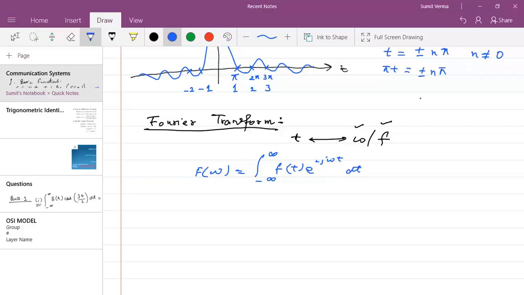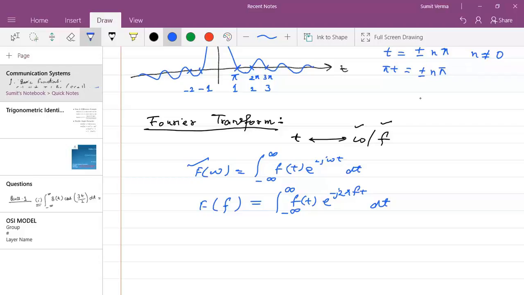So this F(omega) is called the Fourier transform of f(t). Similarly, if you want to define it in the frequency f domain, it's the same thing. Basically, you will just replace omega with 2 pi f, so e to the power minus j 2 pi f t dt. So this is the definition of Fourier transform.